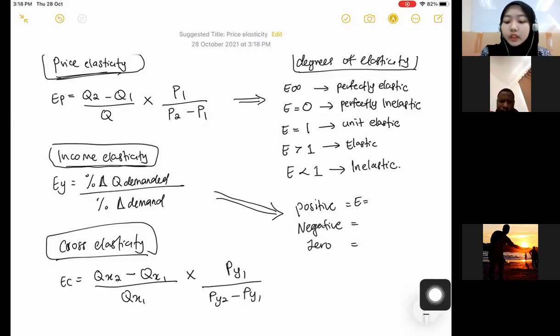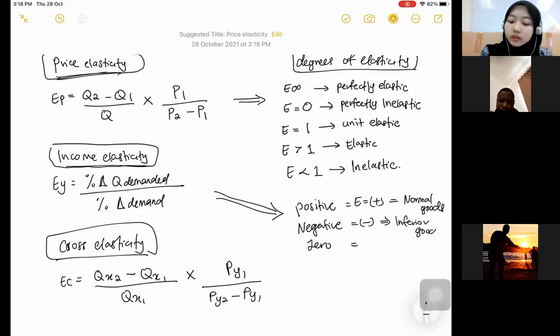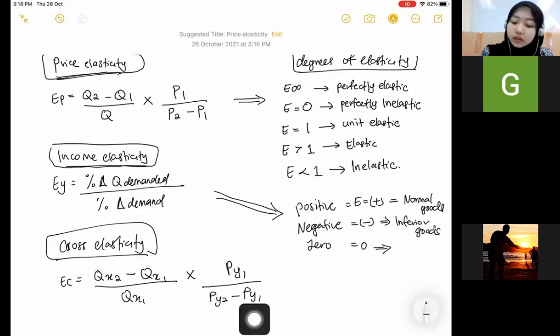If it is positive, it refers to normal goods. If it's negative, it refers to inferior goods. If it's 0, it refers to necessary goods.